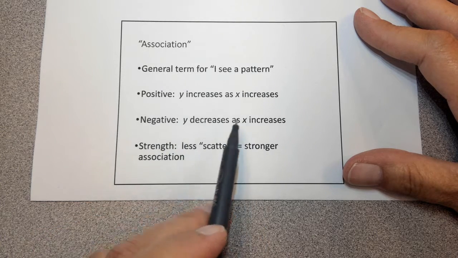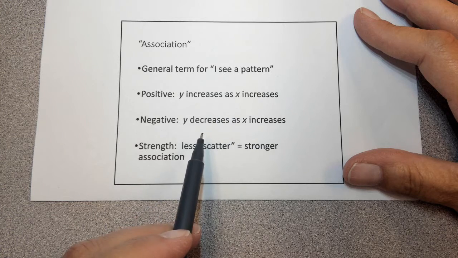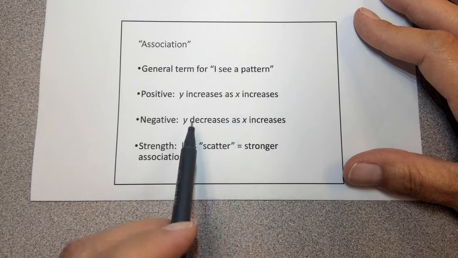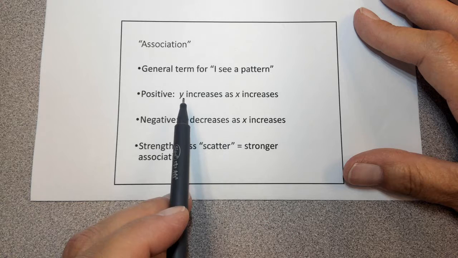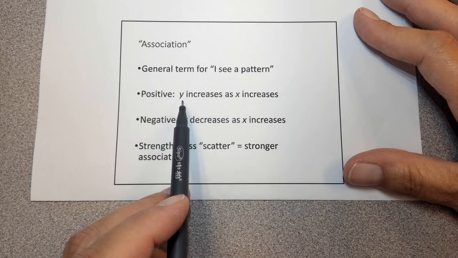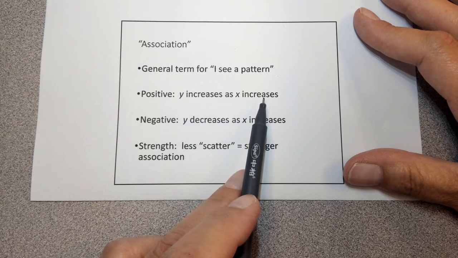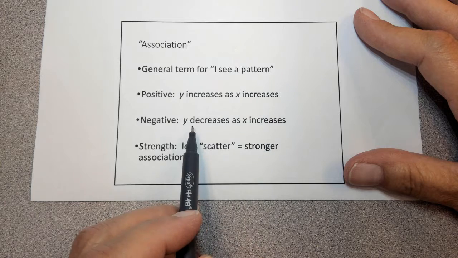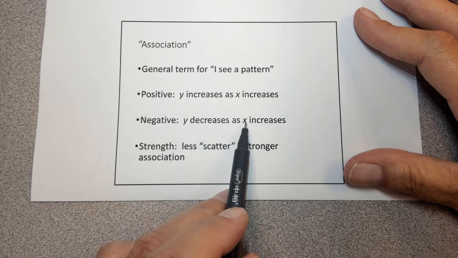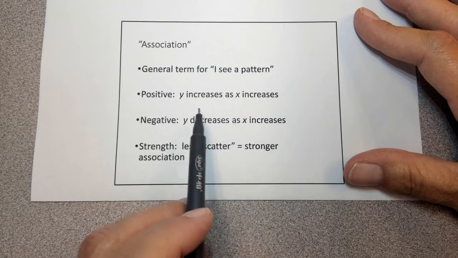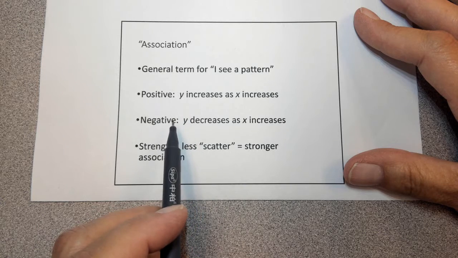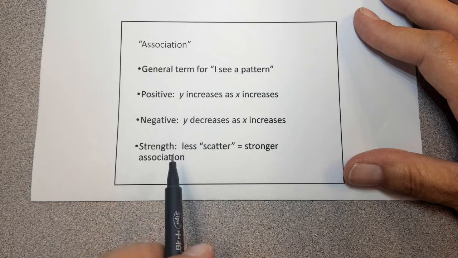And whenever we talk about the positive and negative in context, we're always going to talk about the increasing and decreasing. So the wife's age increases as the husband's age increases, or the wife's age decreases as the husband's age increases. So we always want to talk about that association in context.